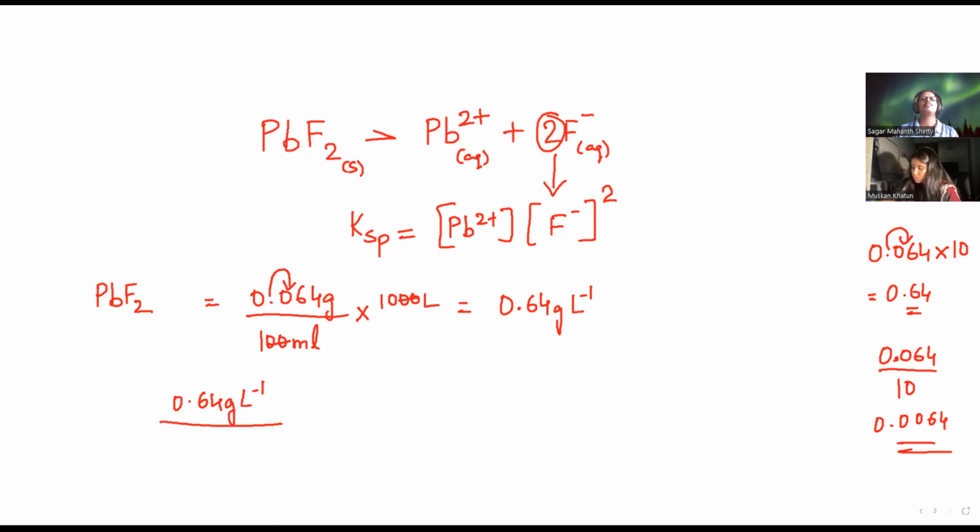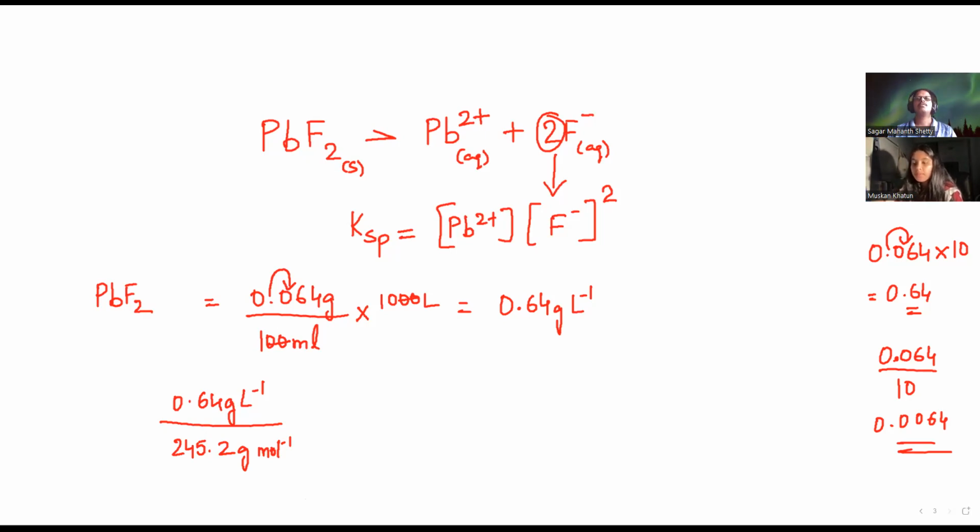Liters inverse upon 245.2 grams per molar. Now, you can use your calci. Do you have your calci handy there?